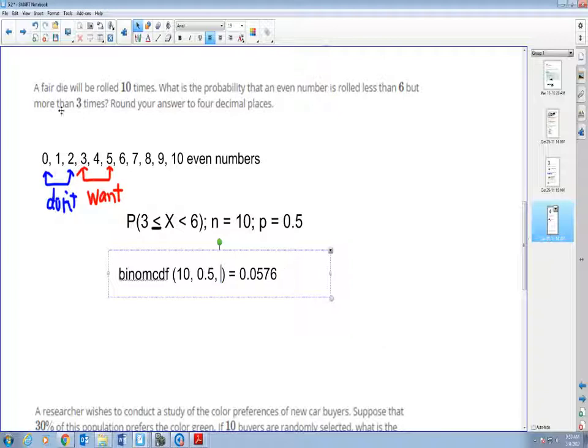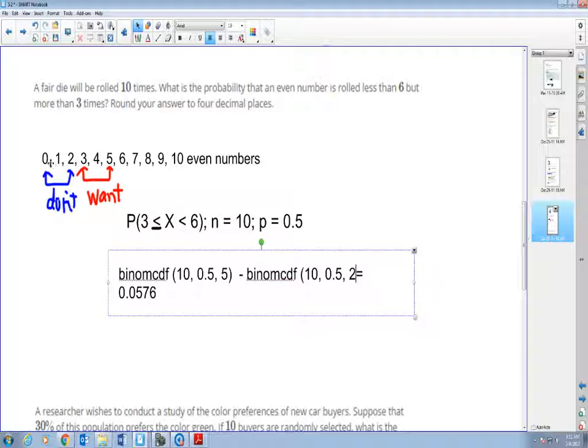If you go all the way up from 0 to 5 cumulatively, then what you've got to do is minus the binomial CDF of 10, 0.5, up to 2. Because what you don't want is from 0 all the way up to 2.